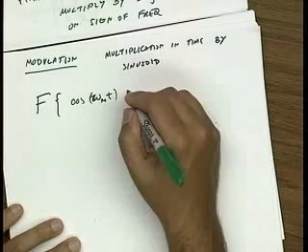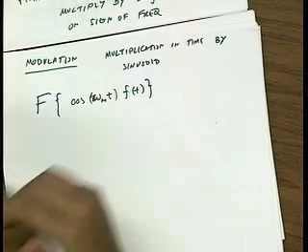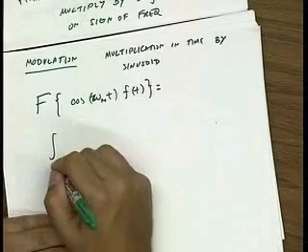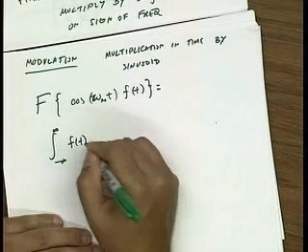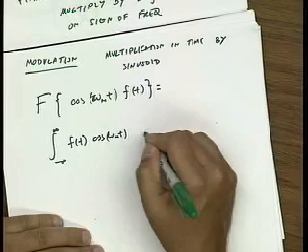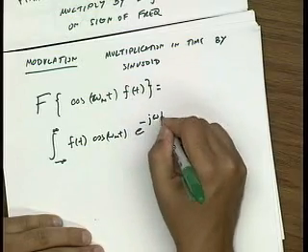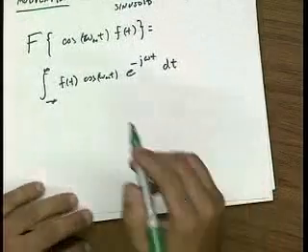This is our modulated waveform, times some arbitrary time domain waveform. This is our signal. Okay? So by definition, the Fourier transform is f of t cosine omega m t, times e to the minus j omega t, integrated over all time, right? This is the definition of the Fourier transform.